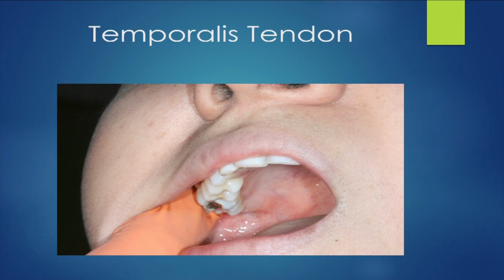When we palpate the temporalis muscle, as shown here, our fingers are actually palpating the temporalis tendon. However, if the temporalis muscle is sore, it's going to show up as soreness in the temporalis tendon.